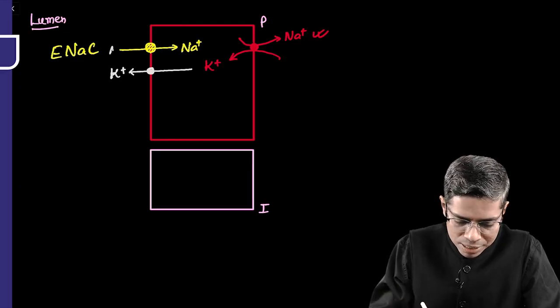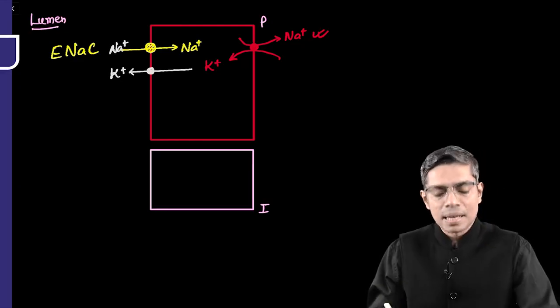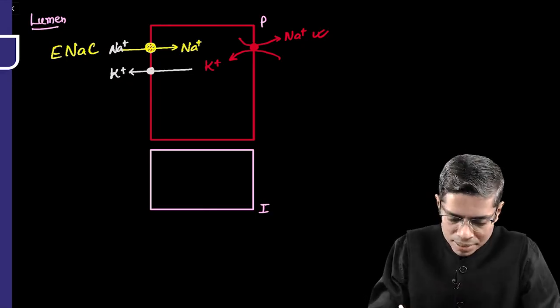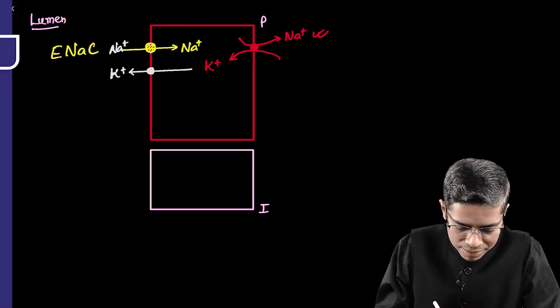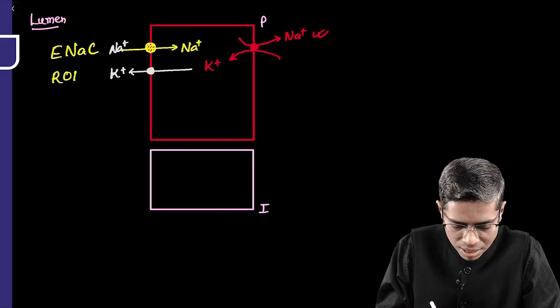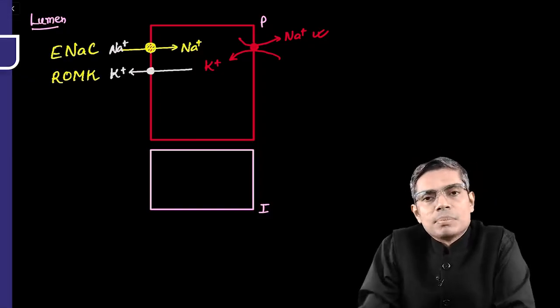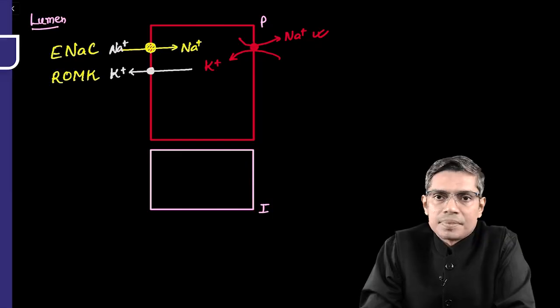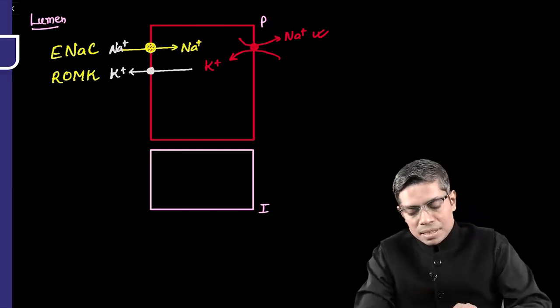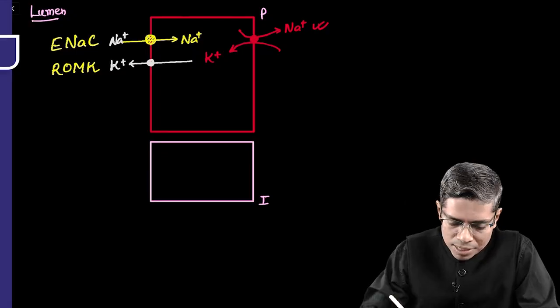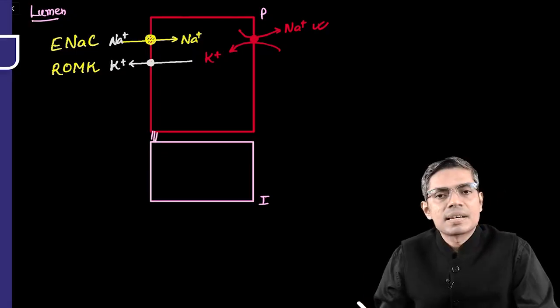So from the lumen, sodium is reabsorbed, okay, and potassium is secreted into the lumen, again by the same kind of channel as in the TAL, that is the ROMK channel, renal outer medullary potassium channel, right?